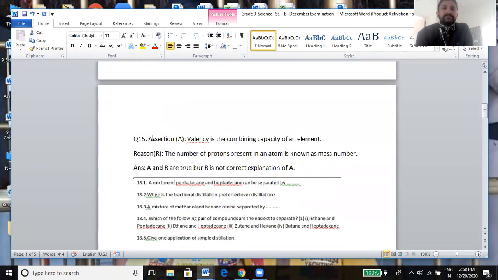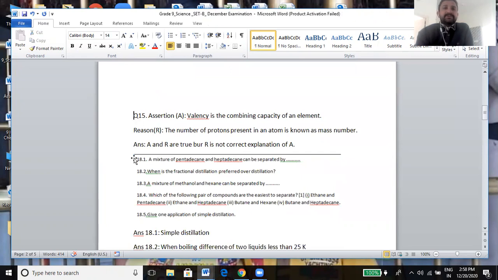Next is the reasoning and assertion question. Question number 15. Assertion is, valency is the combining capacity of an element. That is the right definition. Reason, the number of protons present in an atom is known as mass number. Is it right or wrong? बेटा ये इसमें गलत है.